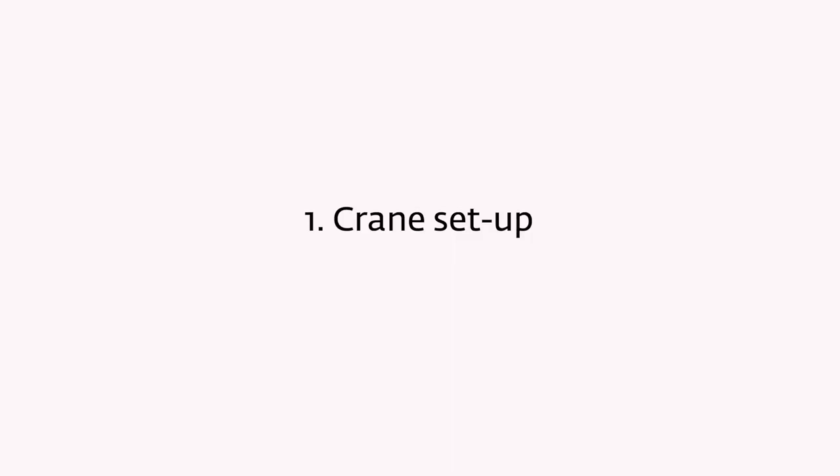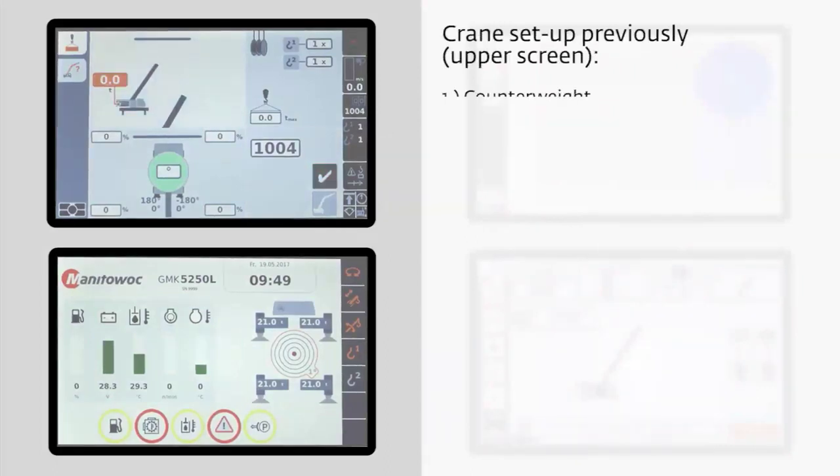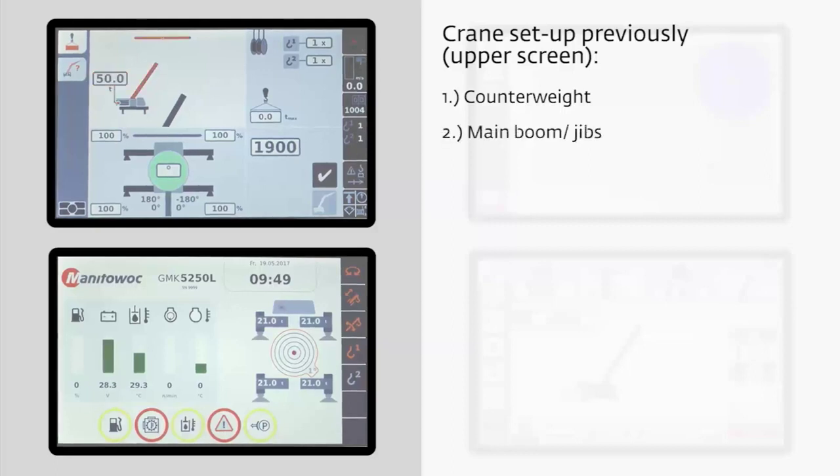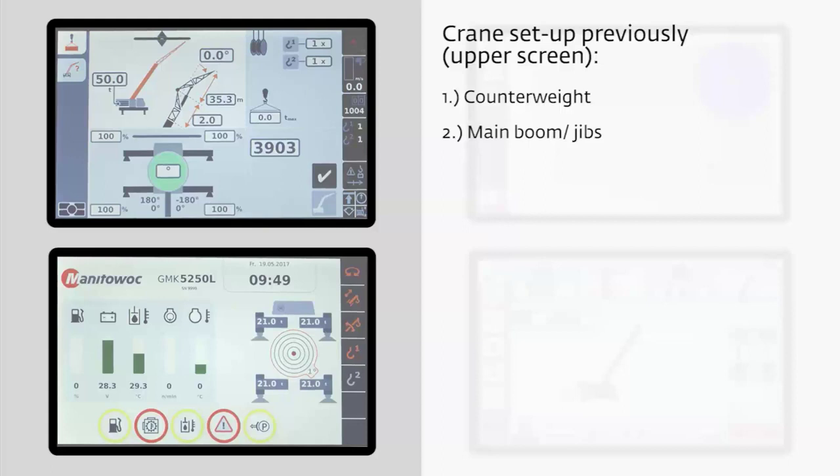We'll start with the displays using version 1 software. Crane setup is entirely performed via the upper RCL display. We have counterweight selection, selections for main boom, boom extensions, and any boom extension options.